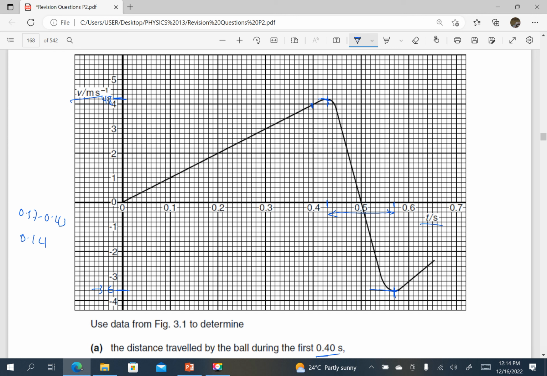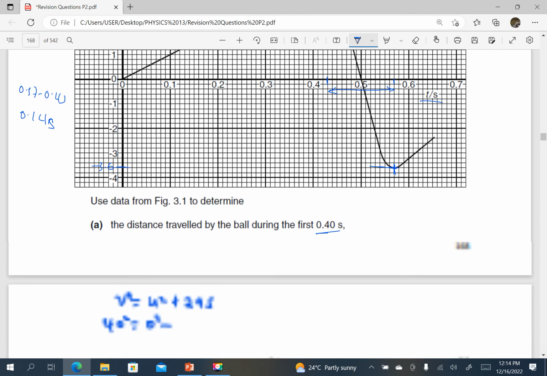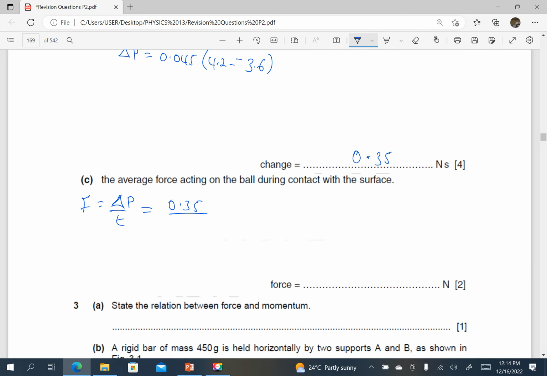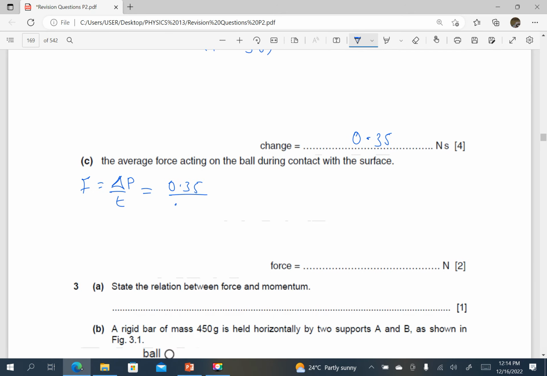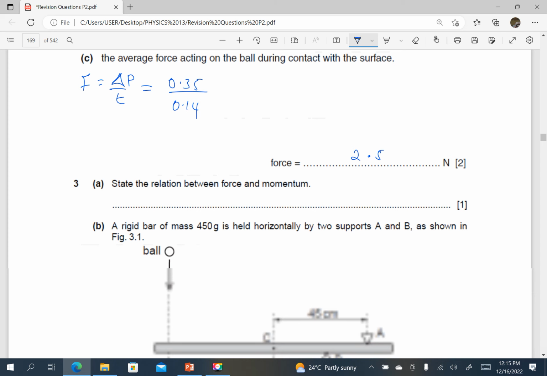So that is 0.14 seconds. Okay, so the time of contact is 0.14 seconds, which gives us 2.5 newtons.